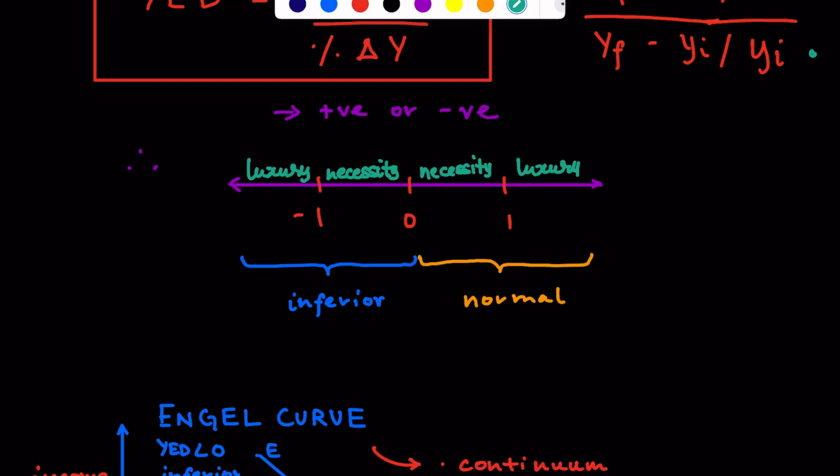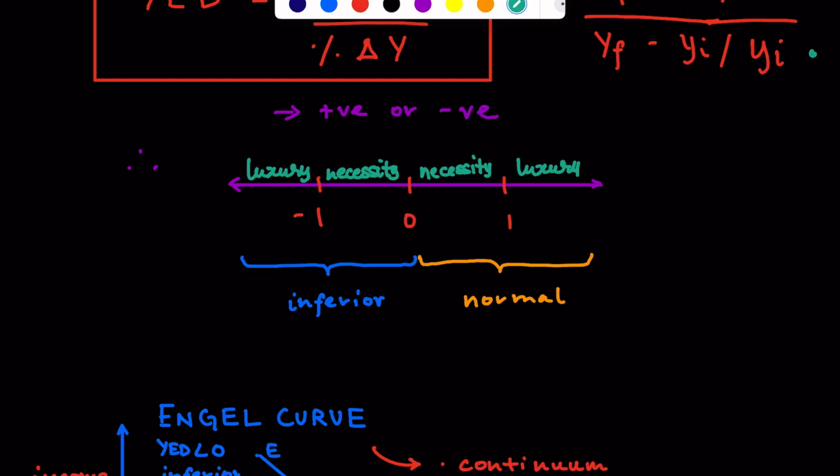So it's also important to go over the Engel curve when we're talking about income elasticity of demand. What does the Engel curve really represent? It shows the relationship income and quantity demanded have with each other. We see in the curve there's income on the y-axis and quantity demanded on the x-axis.